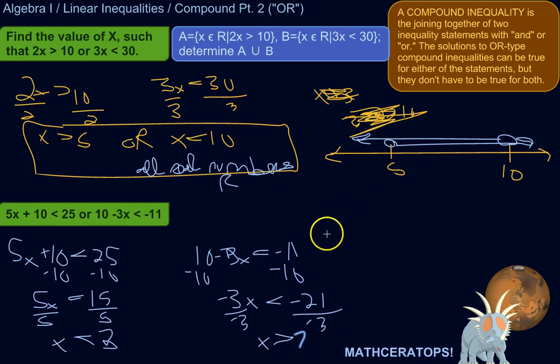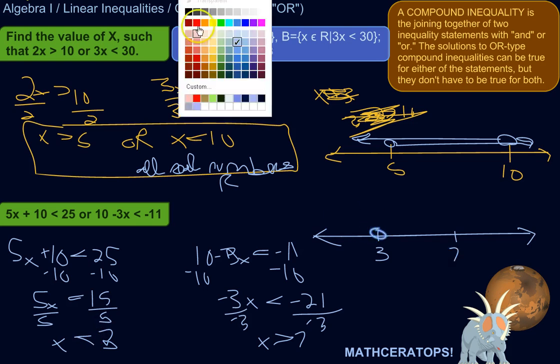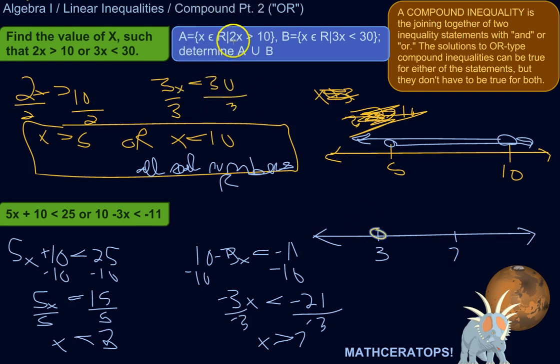Let me draw that on a number line so you see what that is talking about. We've got 3 here, and let's call that 7. x is less than 3, so it wouldn't include 3, but anything less than 3 would be fine. Or x is greater than 7, so it can't be 7, but anything greater than 7 would be fine.